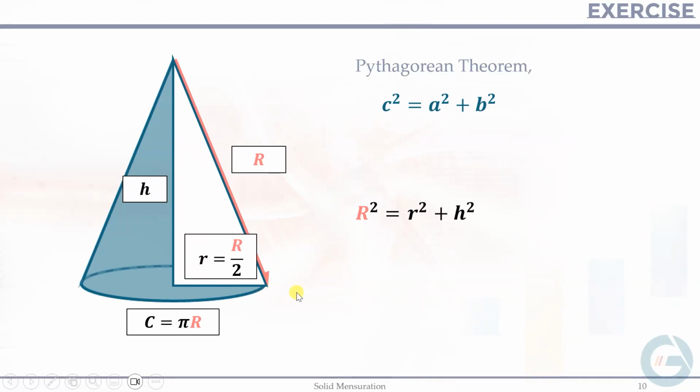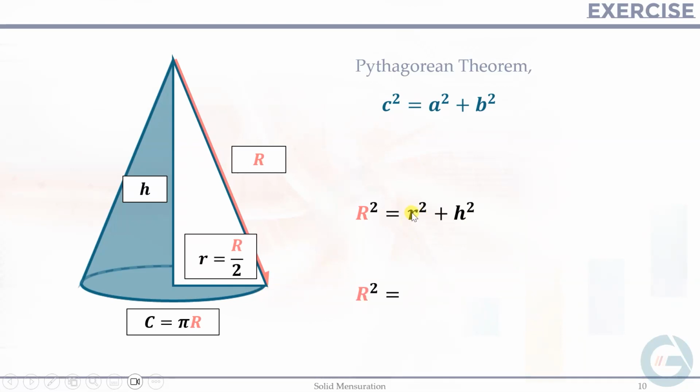Next, we need to express the height in terms of uppercase R using the Pythagorean theorem. We have R squared, the hypotenuse of this triangle, equals r squared, this is the A, and let's say the B is h, plus h squared.